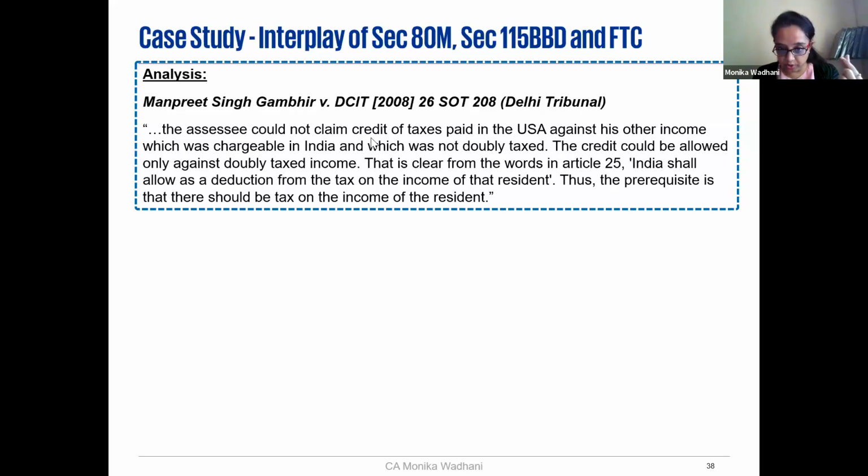So when you compute ETR, if you are paying tax today under MAT, you have to consider that, and in the year when MAT credit is being claimed, in that year you will get a deduction, and therefore ETR needs to be adjusted accordingly as per the provisions of the MAT.